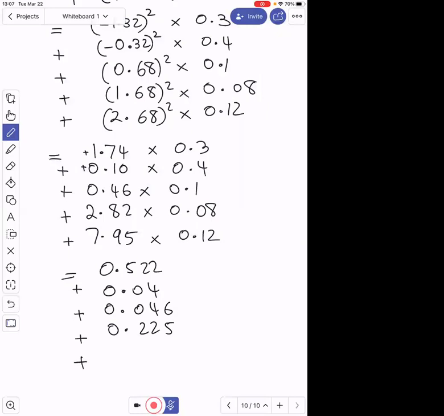And then 7.95 times 0.12, so that will be equal to, exactly, this is 0.995. I think I have 0.954. I got 0.861 for the 7.95 times 0.12. I don't know how you got 95, because 2.68 squared is 7.18.